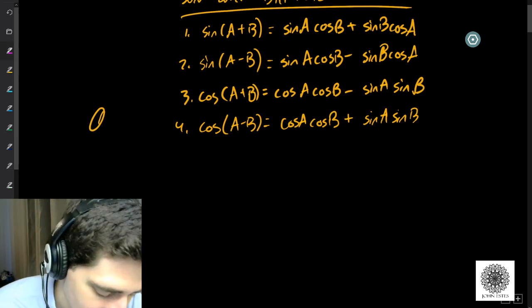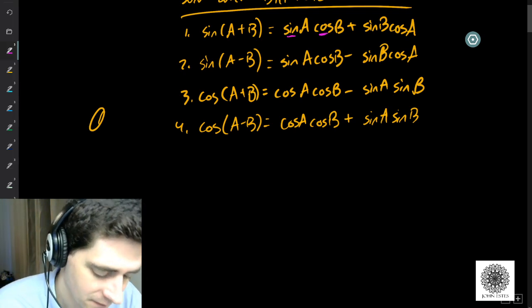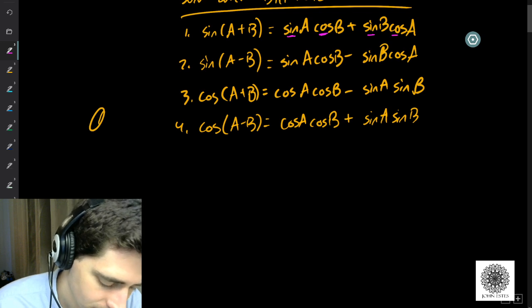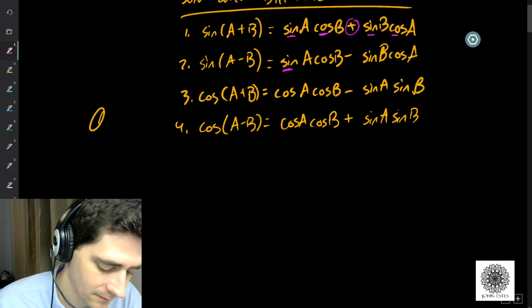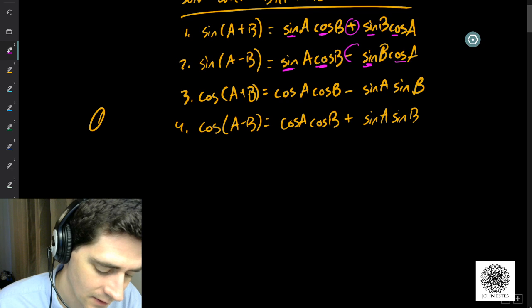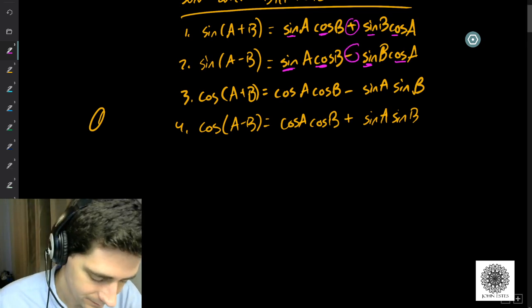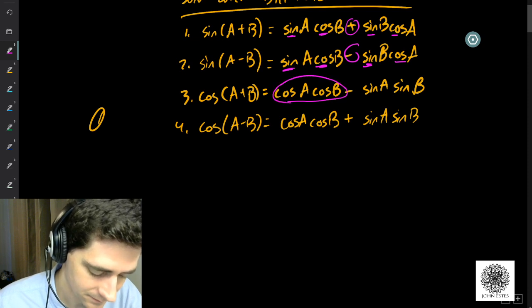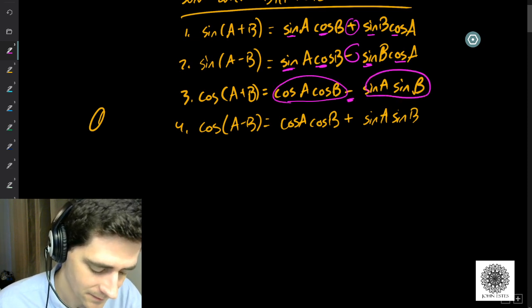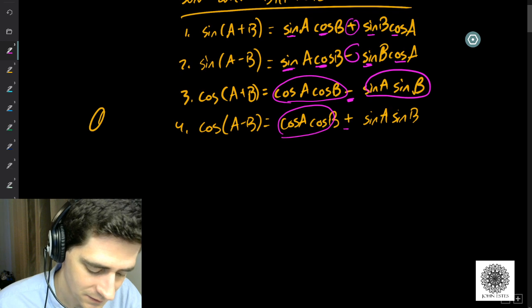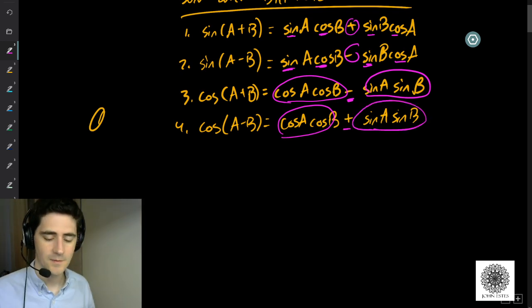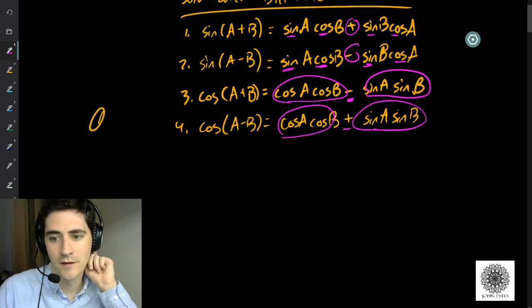For the sines, you have different trig functions, but you keep the same sign. For the cosines, you keep the same trig function, but the signs differ. And that's the pattern, and that's kind of the way you have to memorize it.